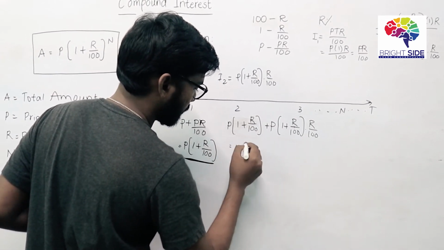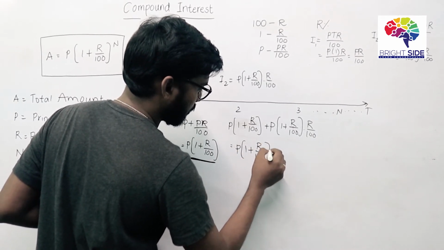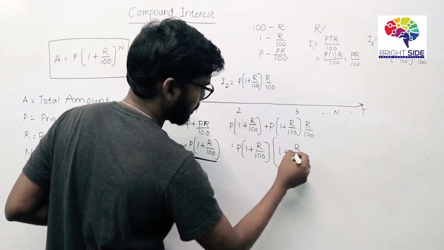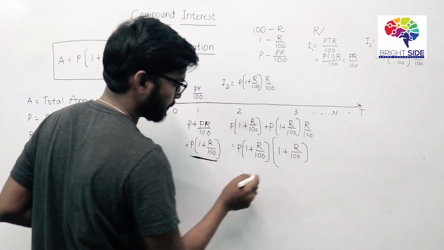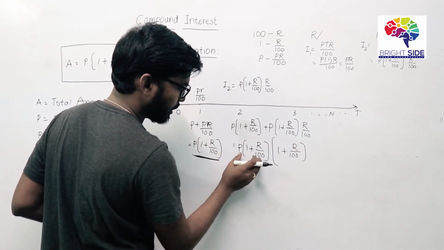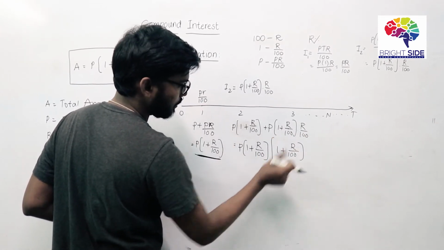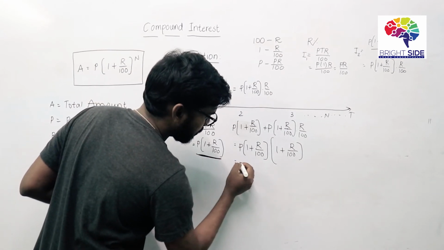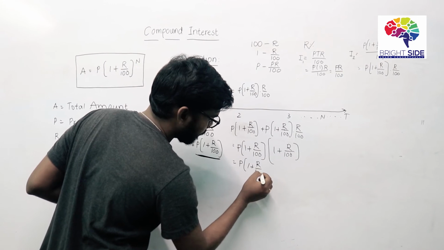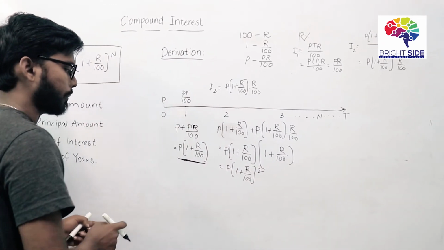Okay, so 1 plus R by 100, if we take common, 1 plus R by 100 is left. Okay, so again if you multiply this, we have to get this. P into this thing into 1 will be this. P into this will be this. Okay, so if we simplify this, we get P into 1 plus R by 100 whole square, which is the total amount that we have to pay.